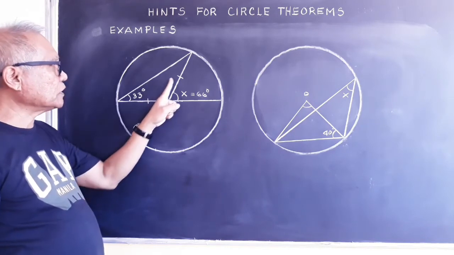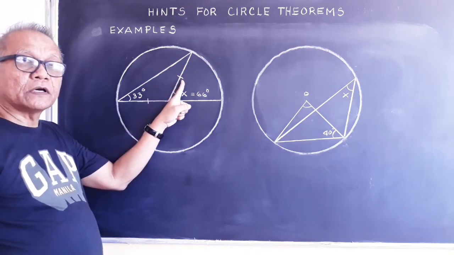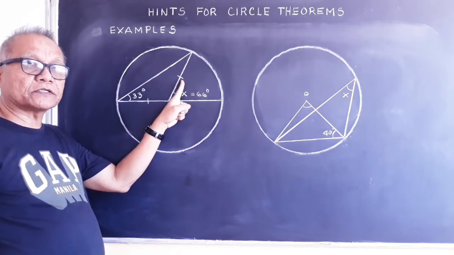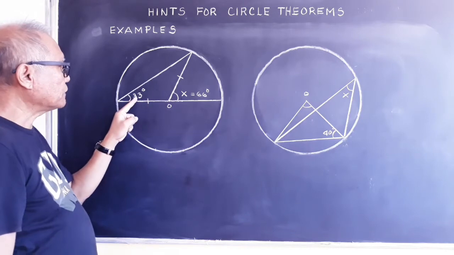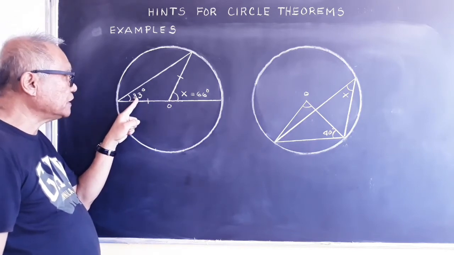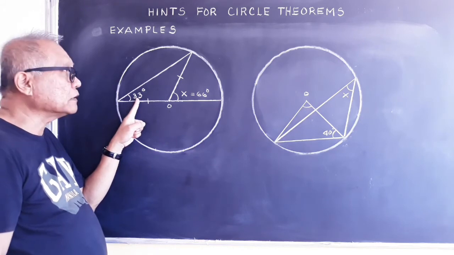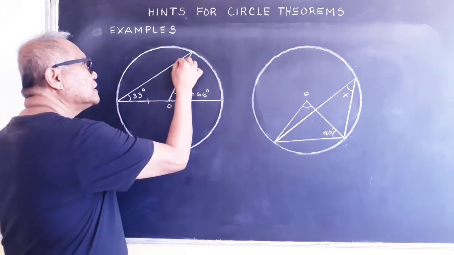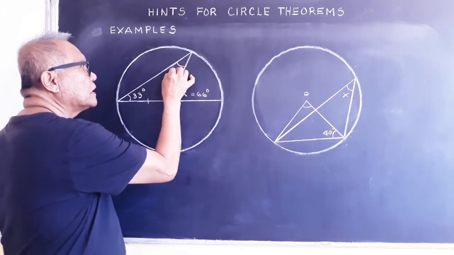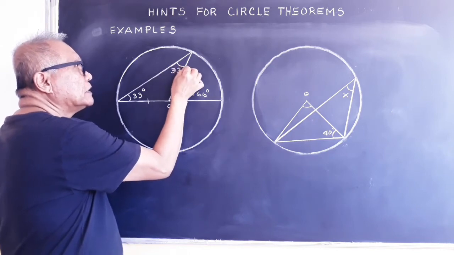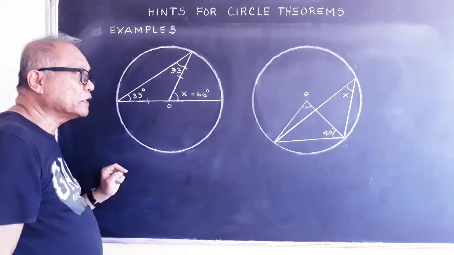So because we have 2 equal sides, we have the base angles, which are also equal. If this one is 33, then where is the other 33 degrees? Where is the other base angle? That one is here. So this one is also 33 degrees.